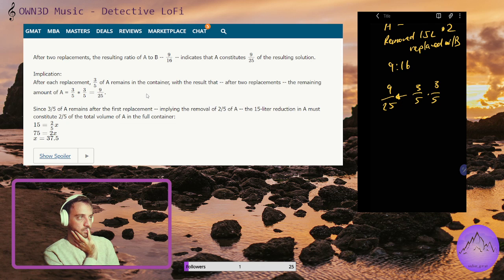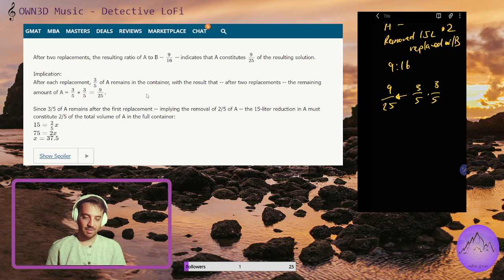Right. 9 out of 25 is what's left. So 3 over 5 is what's left. We're removing 2/5. We're not removing 3/5.